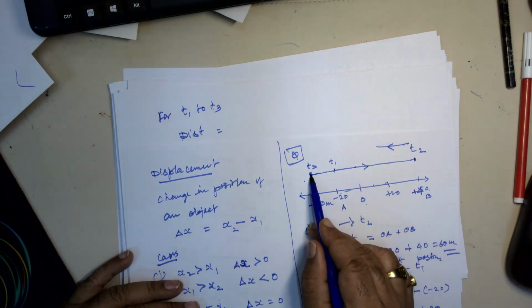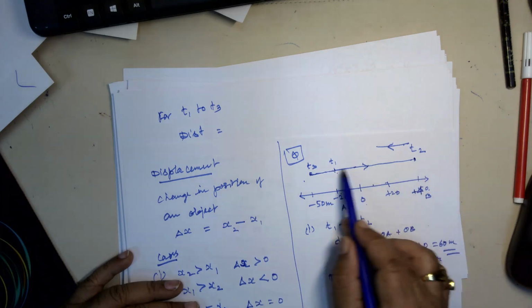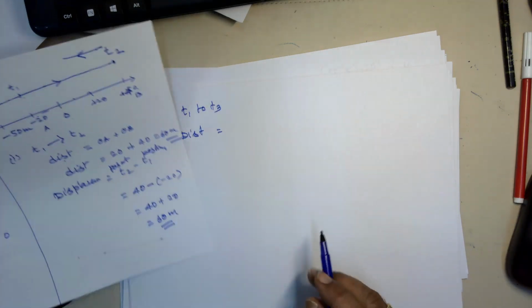The T3 is this much. So what is the distance he has already traveled from T1 to T2 and comes back? That is 60. So you have to consider that 60, right?